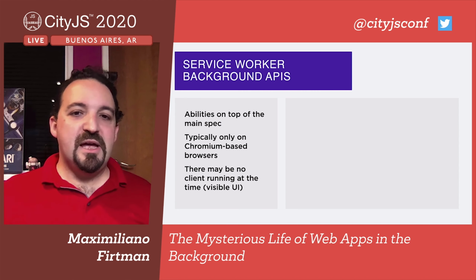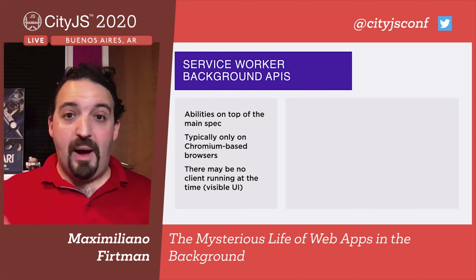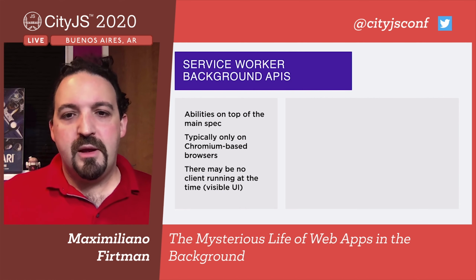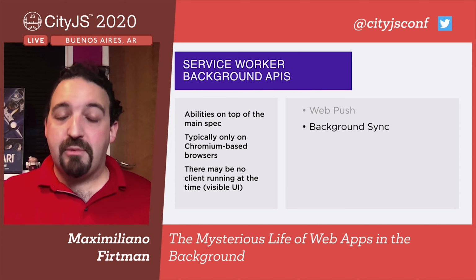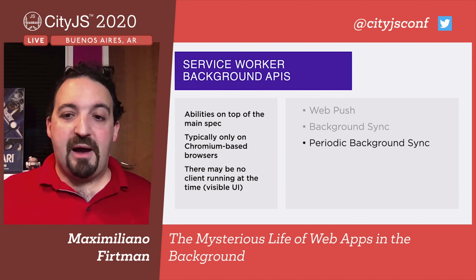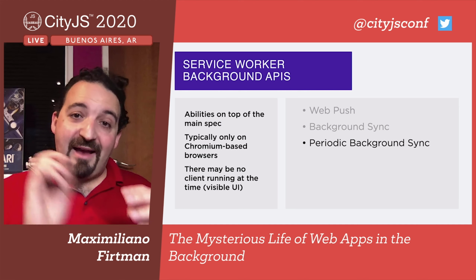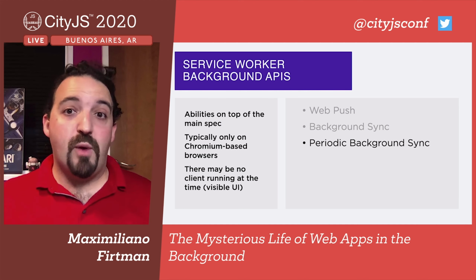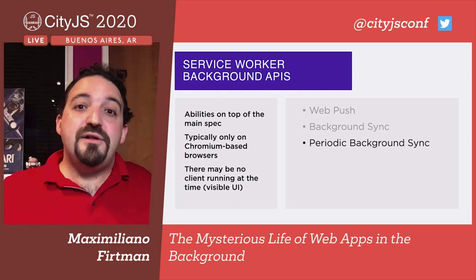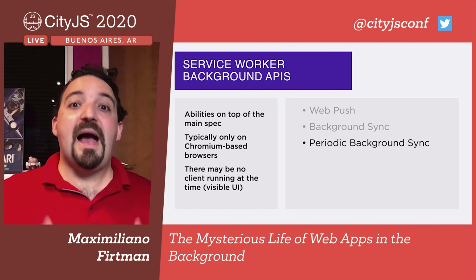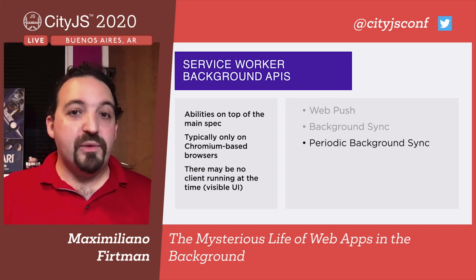So you need to use other techniques such as web notifications. In this umbrella, we have web push, background sync, and periodic background sync, which will let you execute the service worker every once in a while, such as every hour or every morning. In that case, your service worker, from a stop, will actually be live and you can execute code in the background.